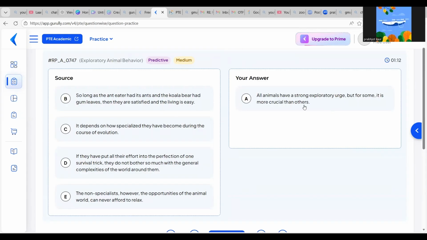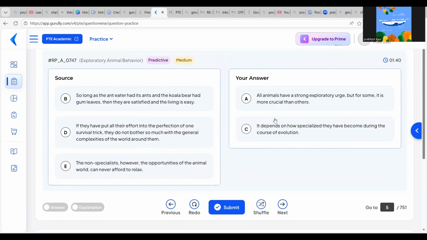After that, we have to match the information. It depends on how specialized they have become during the course of evolution.